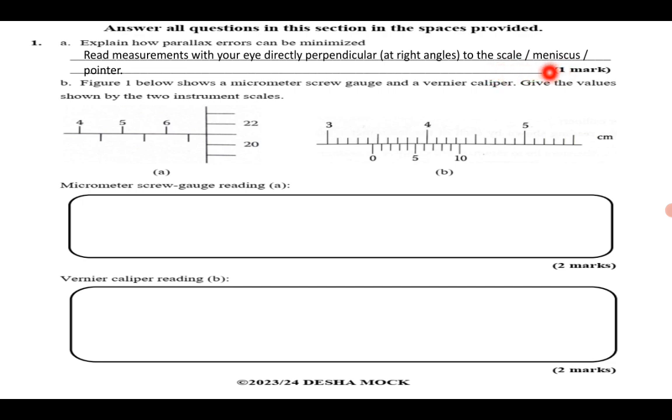to the scale. Or if you are using glassware such as burettes or measuring cylinder, your line of sight must target the bottom of the meniscus.